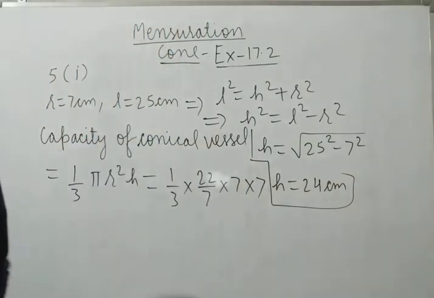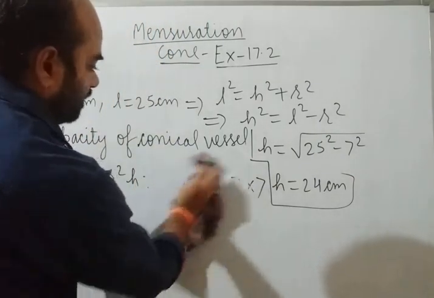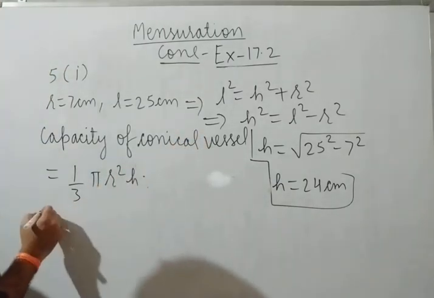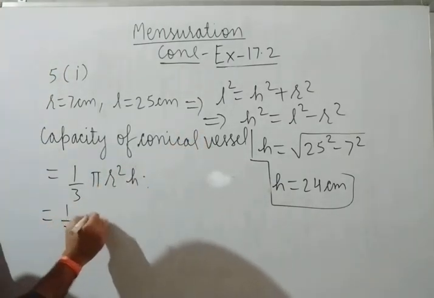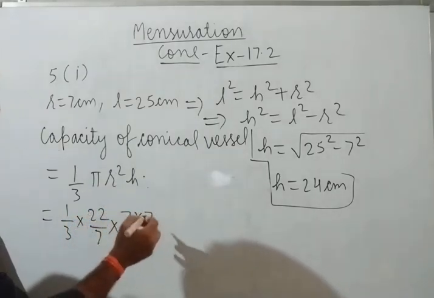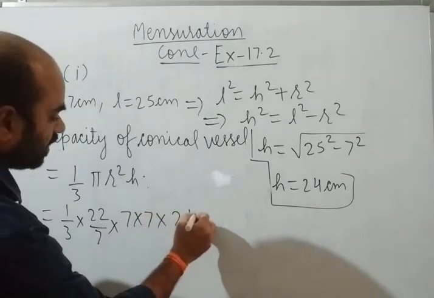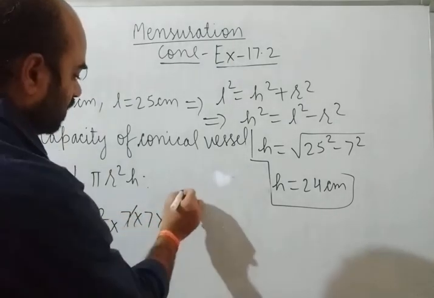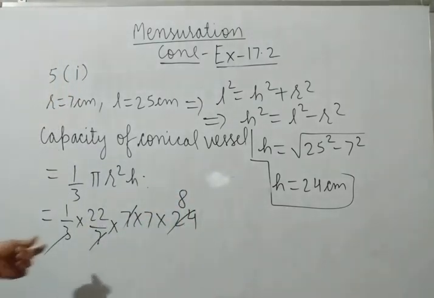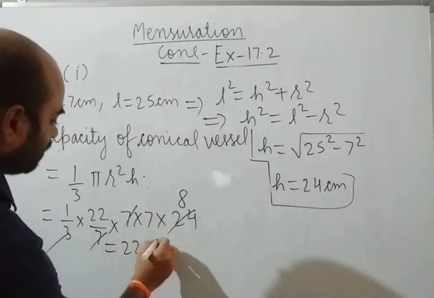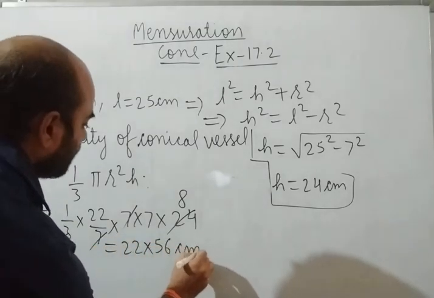Once again I am writing here. We have calculated h, so 1 upon 3 pi is 22 by 7, r square is 7 into 7, and h is 24. 7, 7 cancelled, 3 into 8 is 24. What is left? 22 into 56 centimeter cube.